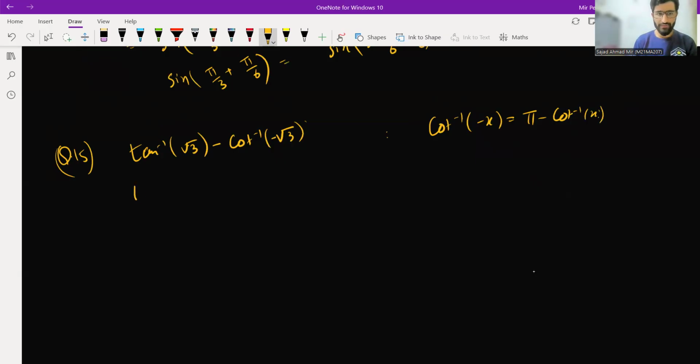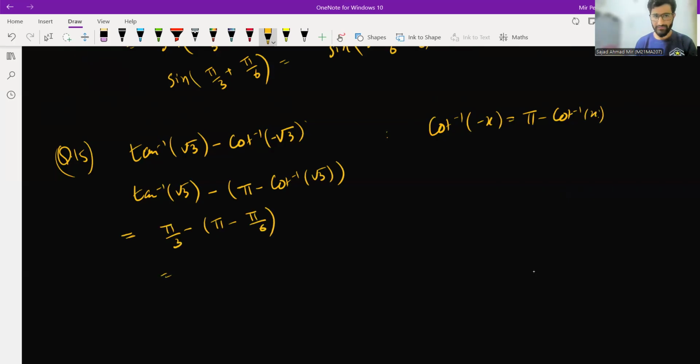So using this, we can write tan inverse of root 3 minus pi minus cot inverse of root 3. Now this will be pi by 3 minus pi minus pi by 6.